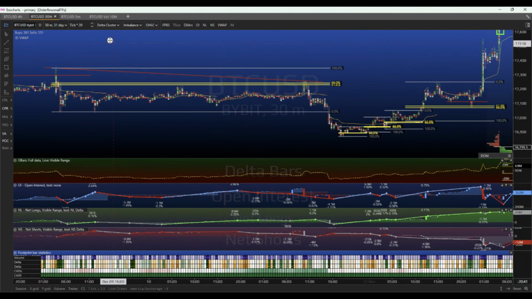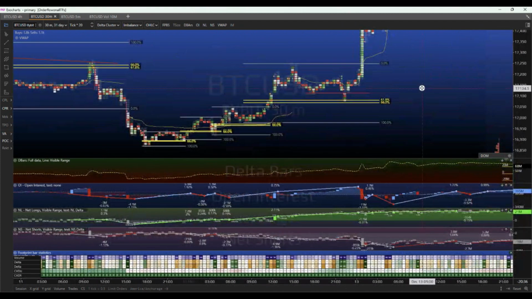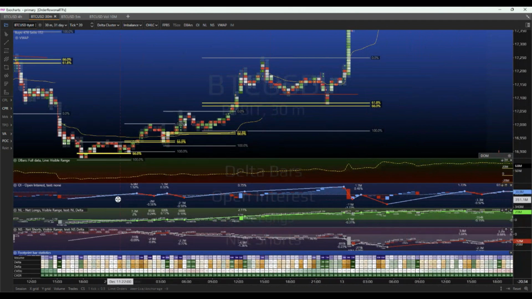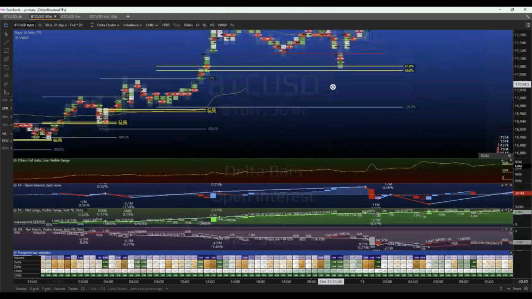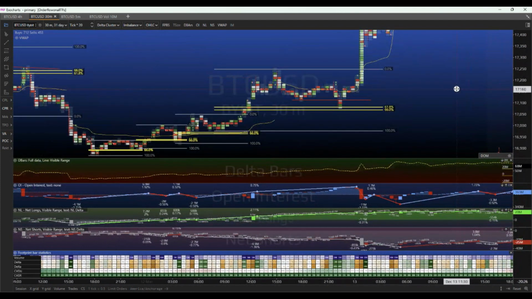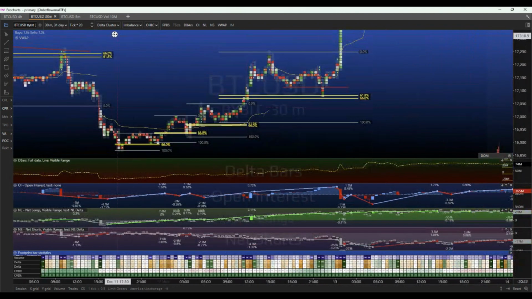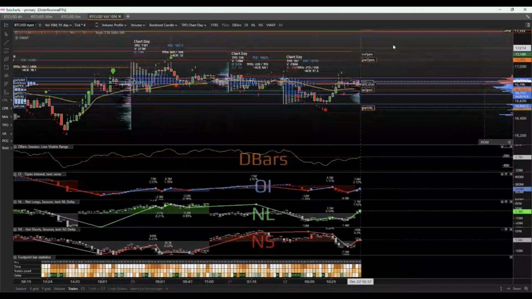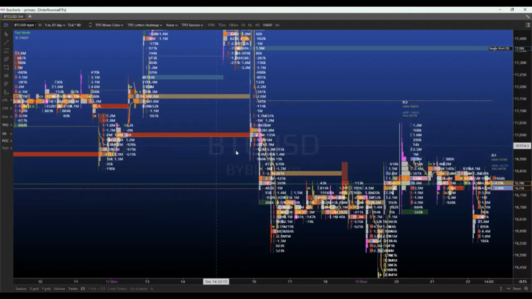And then as we move along, if you guys want to learn more about this, about CBD, about the open interest, about the net longs, net shorts, and just kind of how I use it to pull it together and hopefully give you guys some creative ideas on how you can implement it into your strategies. And then other templates as well, like volume, other templates like session point of controls, London, New York, Asia close.